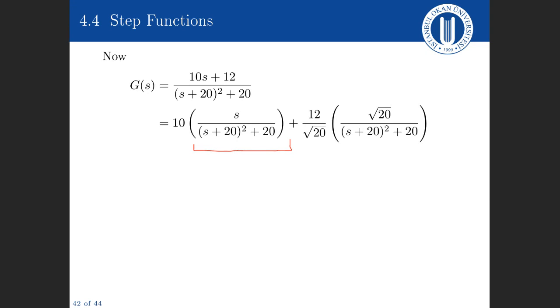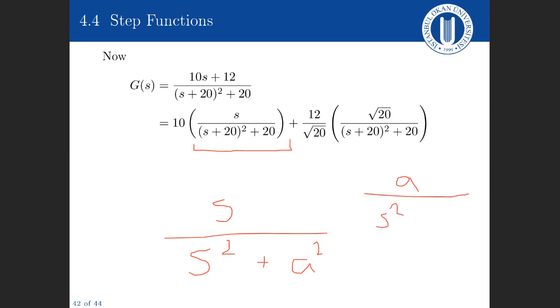Why? Because I know that s over (s² + a²) is on my table of elementary Laplace transforms. And that looks something like this. For the right bracket, I know that a over (s² + a²) is on my table of elementary Laplace transforms.